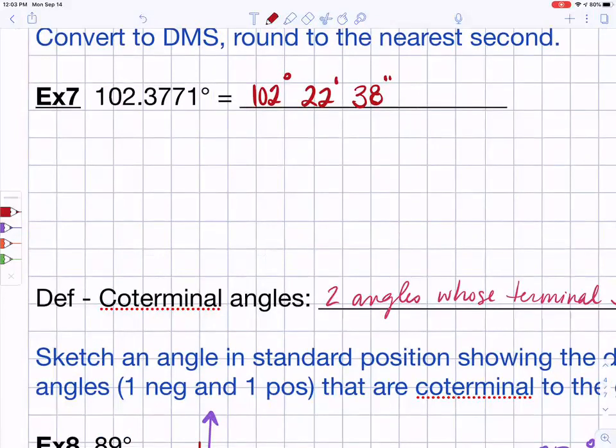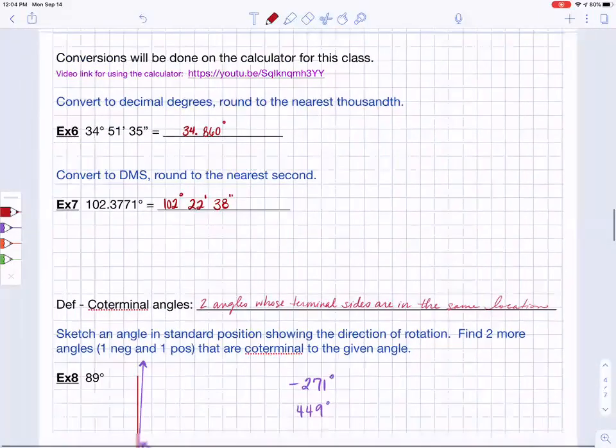If I had said round to the nearest minute on number 7, what would my answer have been? 23 degrees because it's more than 30 out of 60 seconds. Okay? And I didn't say it there knowing that we were going to come into this and I was going to set you up to make a mistake. But now you're probably really going to remember it, it's going to stick, right? So it does even more than me just telling you.